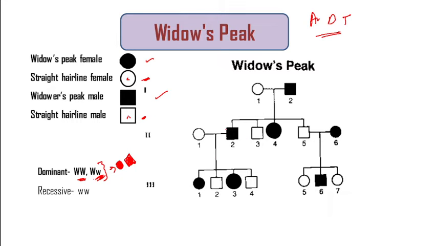So how will we start basically? First of all, we are going to write the recessive individuals. Wherever we find the blank circles or squares, we are going to simply write small w, small w.